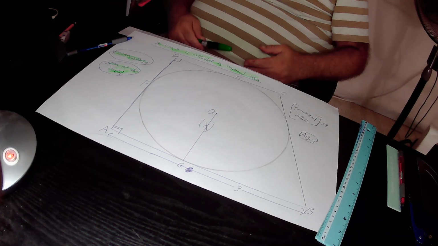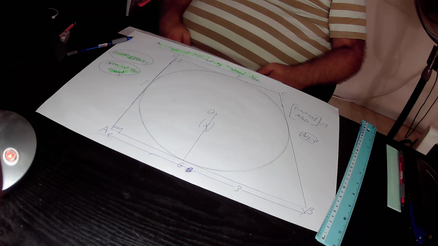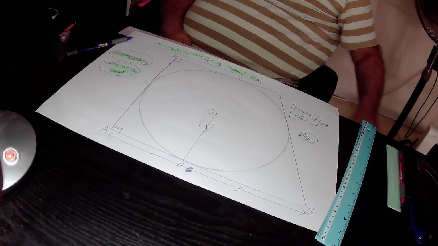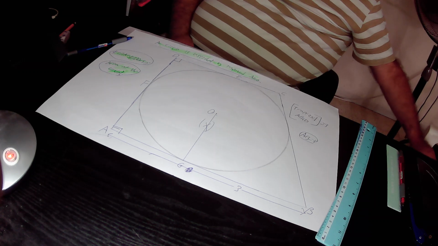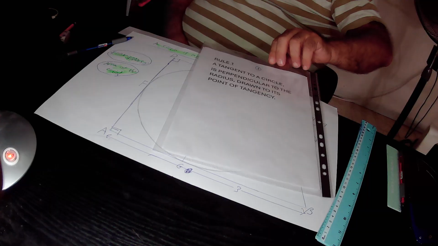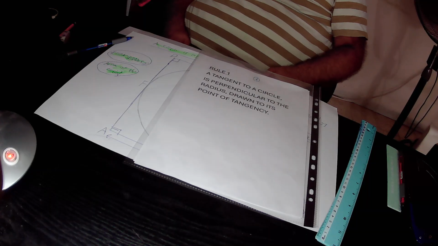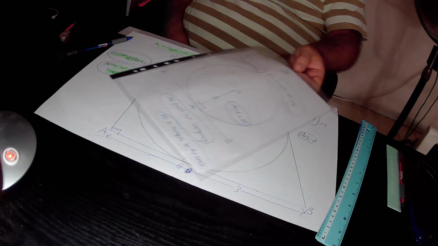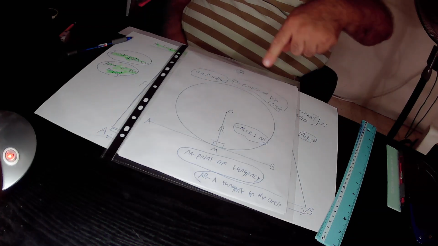So actually here we can implement rule 1 in our drawing. According to rule 1, a tangent to a circle is perpendicular to the radius drawn to its point of tangency. In the drawing, we have a circle.